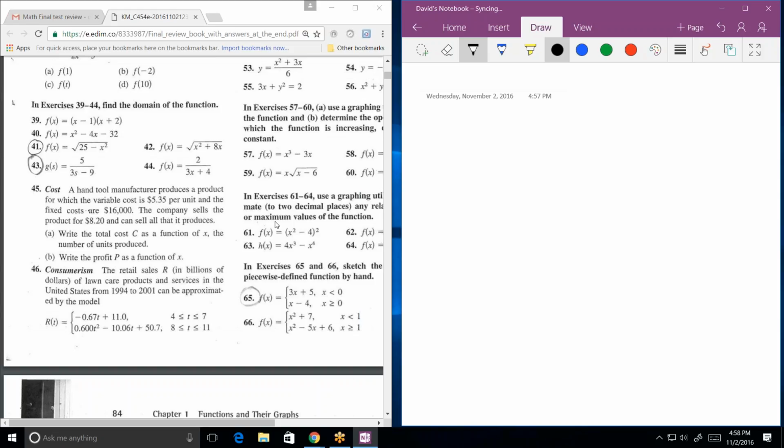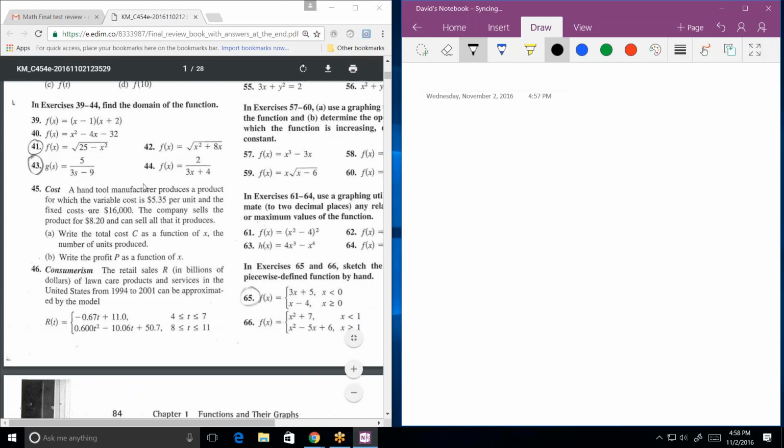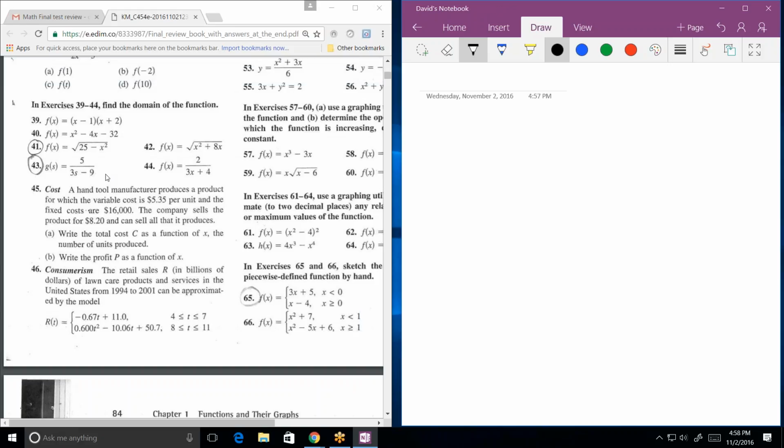Any of those values make what's inside that radical greater than or equal to 0. What's the domain on 43? All real numbers except for x equals 3. Okay, 44?